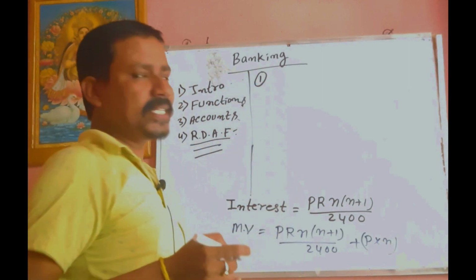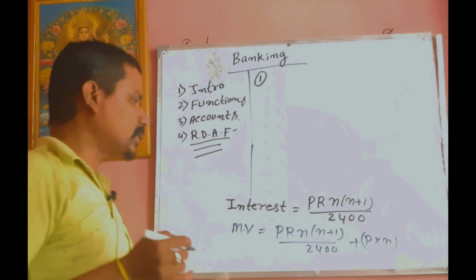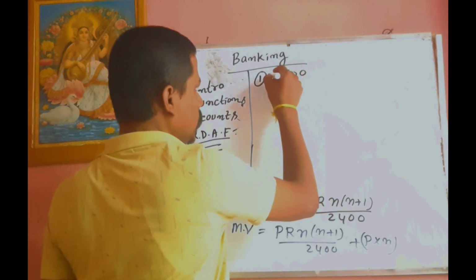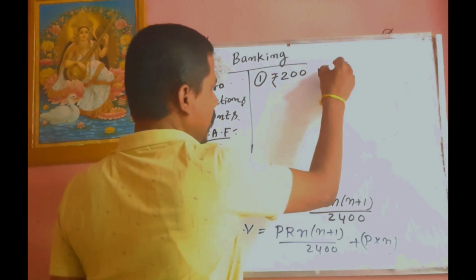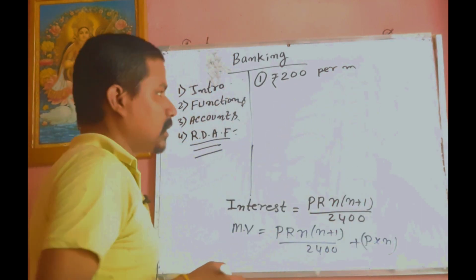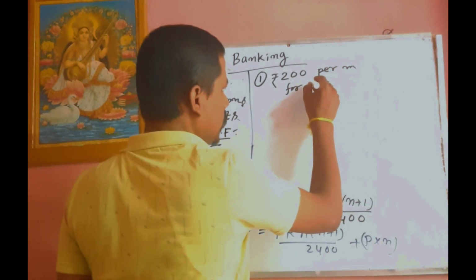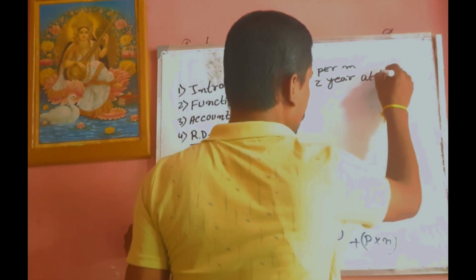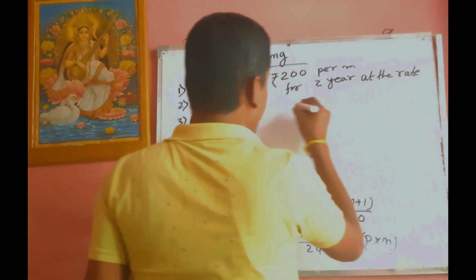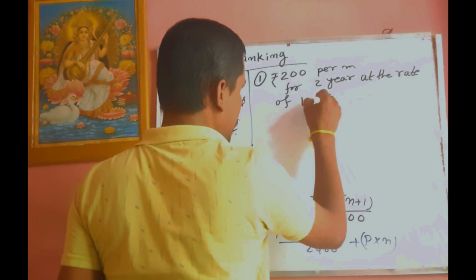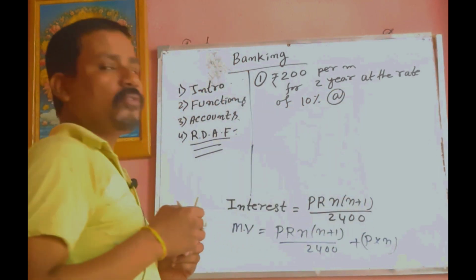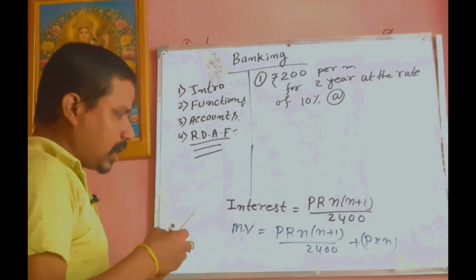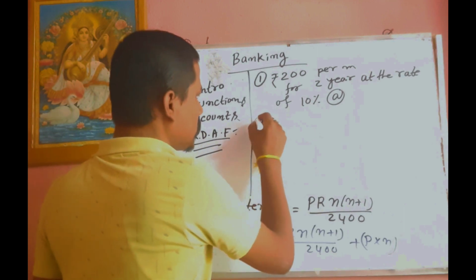We are discussing the first example of that section. Suppose a man deposited 200 rupees per month for 2 years at the rate of 10% per annum. Then find the interest earned. So using this formula we can find the interest for that deposited money.